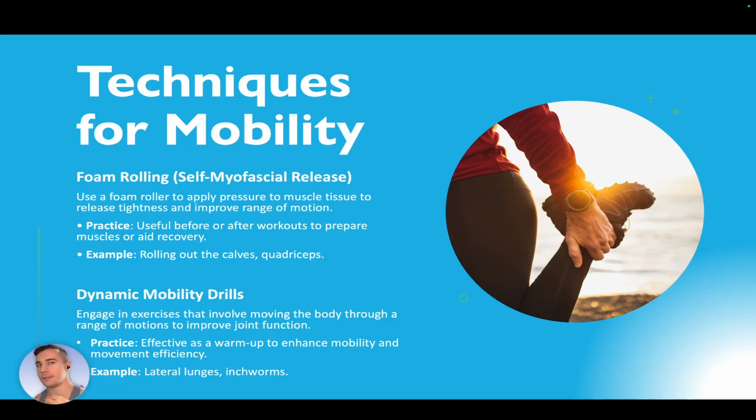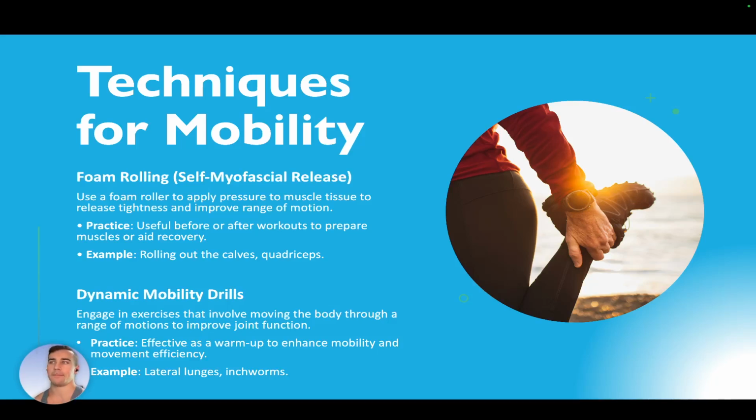This is something I'm going to discuss further in a future live stream, because I think it would be beneficial to see it more visually. But basically, it is very similar to a static stretch, but you're rolling over the foam roller until you feel a good amount of tension in your back, and then once you feel that tension, you hold that stretch for an extended period of time.